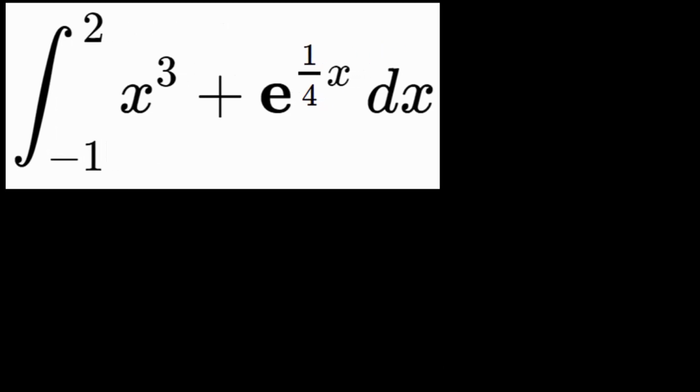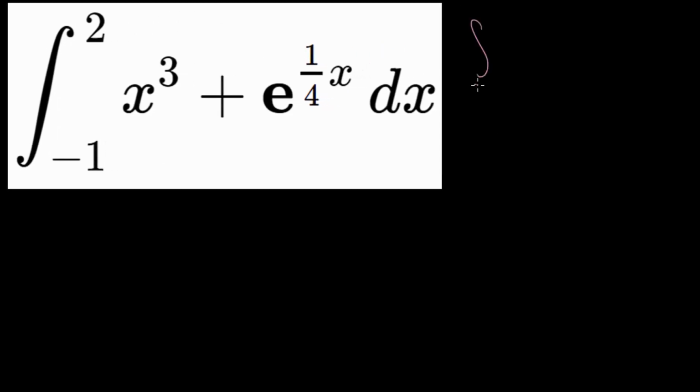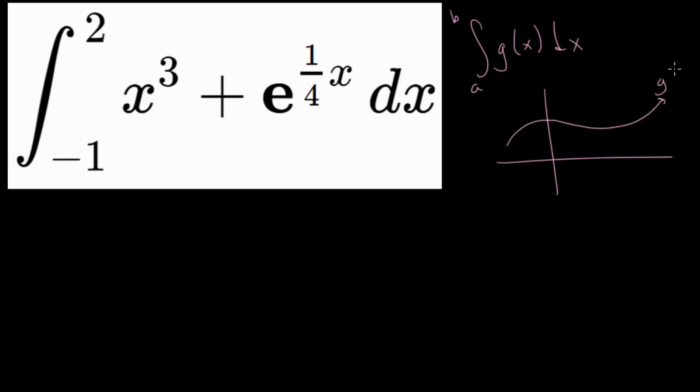Just as a reminder, if we have some integral from a to b of g of x dx, and let's say we knew the graph of g of x, if it looked maybe something like that, then calculating this definite integral, we can call it A, is equal to the area between the bounds, let's say this is A and this is B, underneath this curve and above the x-axis.